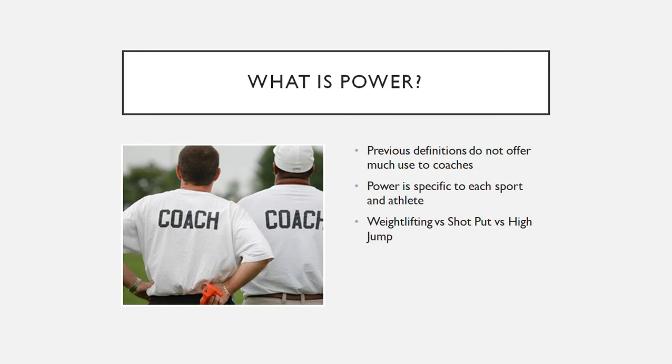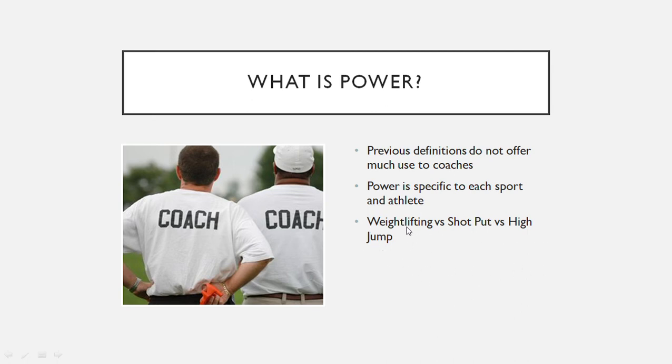So when we define power in terms of specific sports and athletes, it's really going to be dependent on what sport the athlete does and even what position in that sport they play. For this example, we've got three athletes: a weightlifter, a shot putter, and a high jumper. If we look at the power required for each of these athletes, they're going to be different.